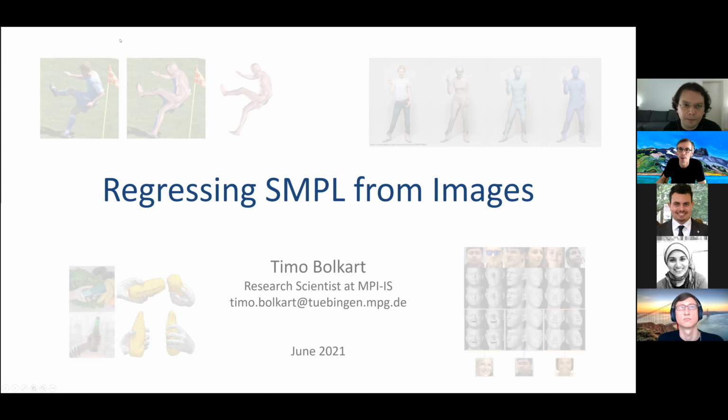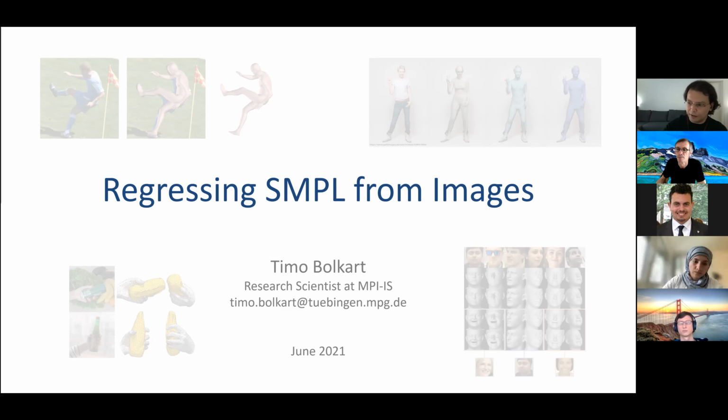It was scaled orthographic, if I'm not mistaken, but maybe it was perspective, I don't know. It's a weak perspective model, and we assume that the focal length is roughly known. Basically, the assumption is that when we observe full body images, there's a certain focal length that is very likely. And this is what we use.